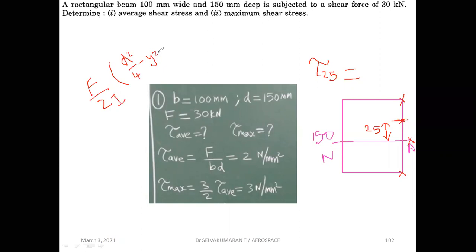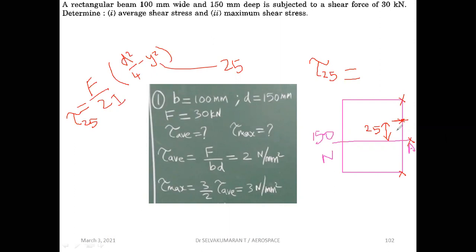Now we only need to find tau 25. So in place of y, you have to substitute 25, so 25 square. D is 150, so 150 square. I is nothing but BD cube by 12. F is, for example, 30,000 Newton. So determine the shear stress at a distance of 25 millimeter above the neutral axis.